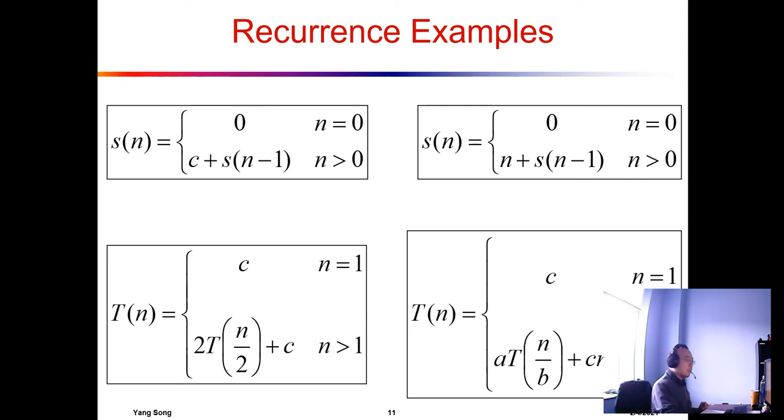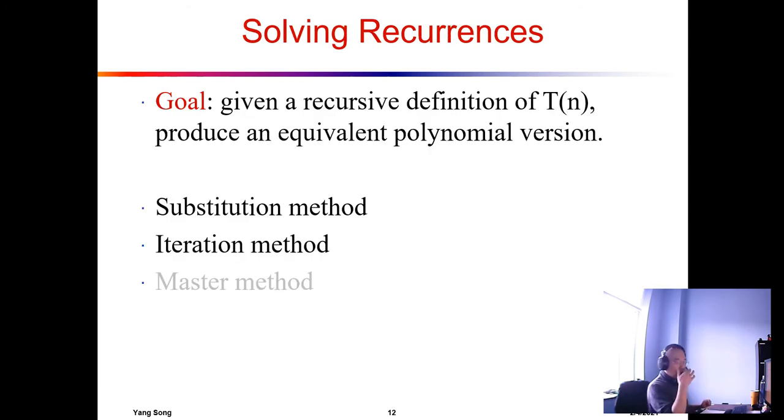For this type of recursive definition of T(n), our question is, how do we go from this recursive version of T(n) and come up with a non-recursive version, or a polynomial function of n, so that we can move on and study the big O, big omega, and then eventually the big theta, right? So what is this process?